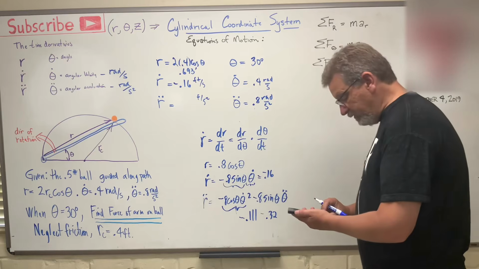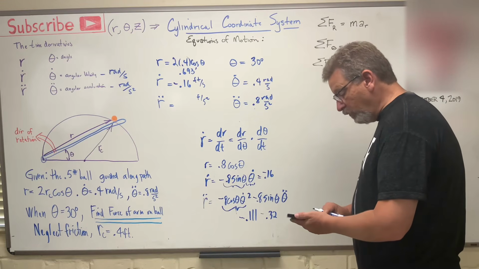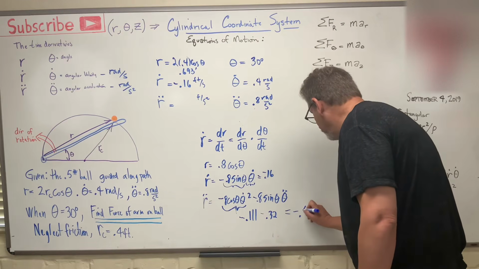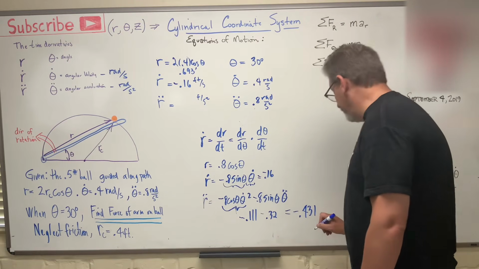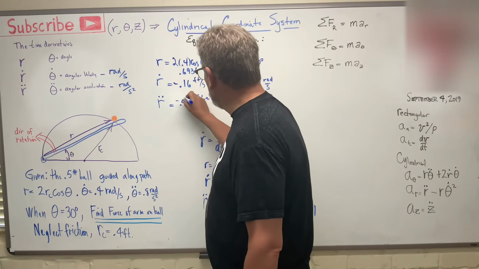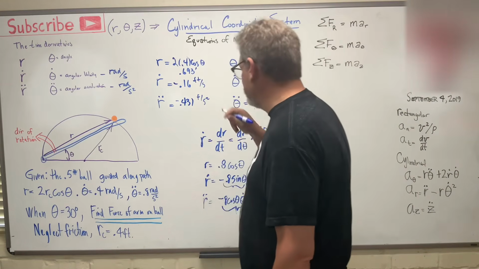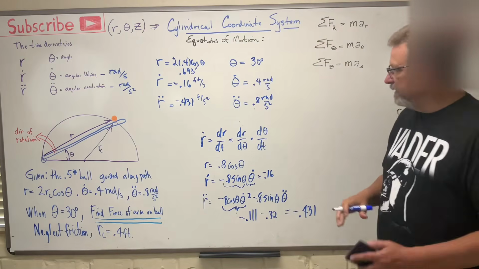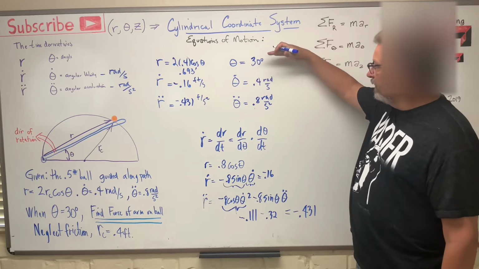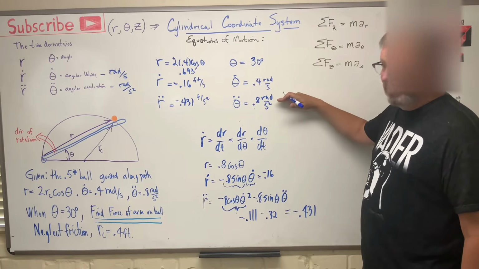If I add those together, plus 0.111, I get negative 0.431. So that goes here: negative 0.431 feet per second squared. Okay, so we've got our r dot, our r double dot, our theta dot, and our theta double dot.